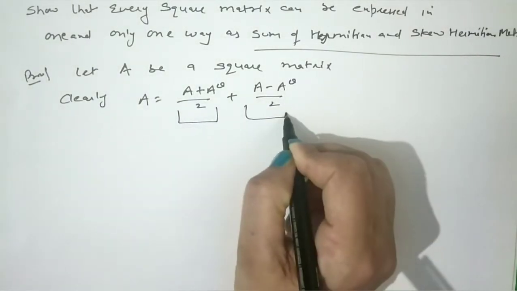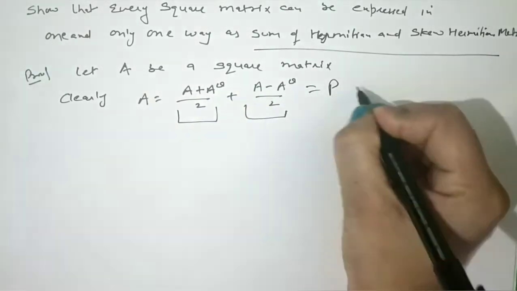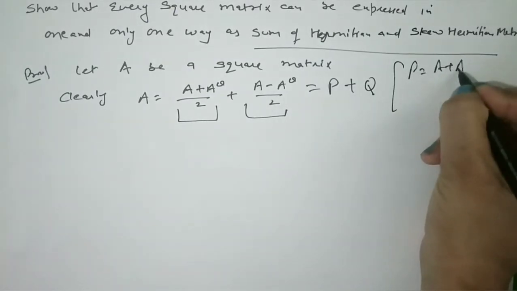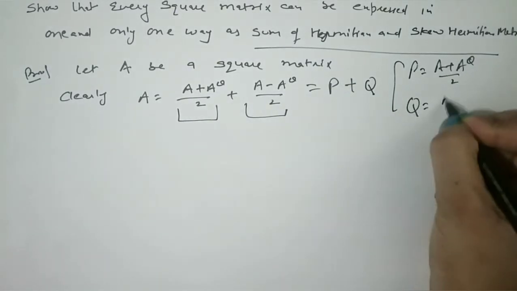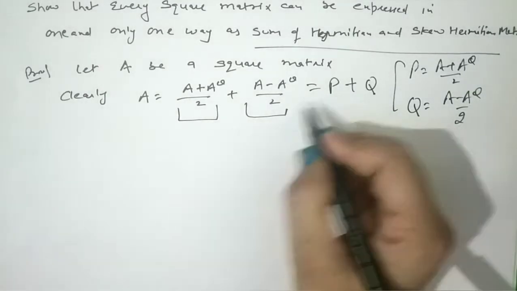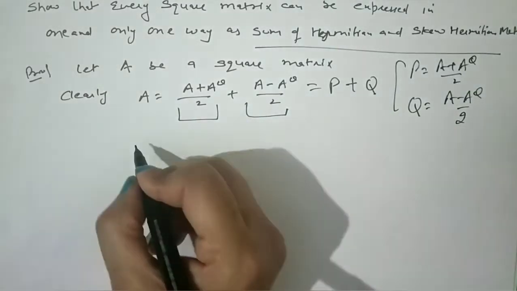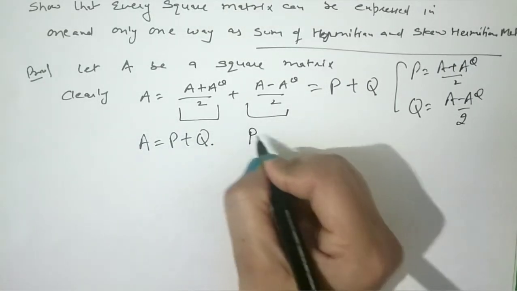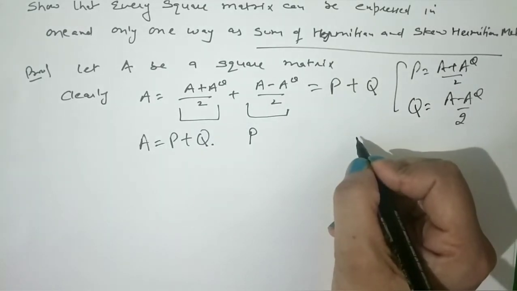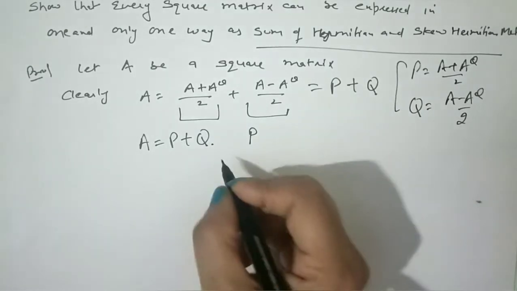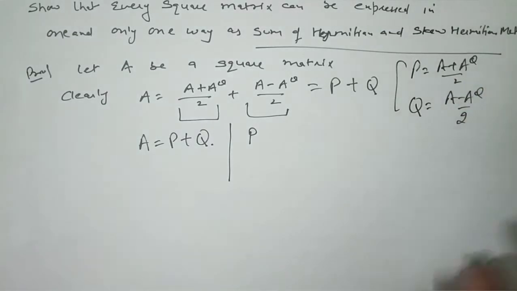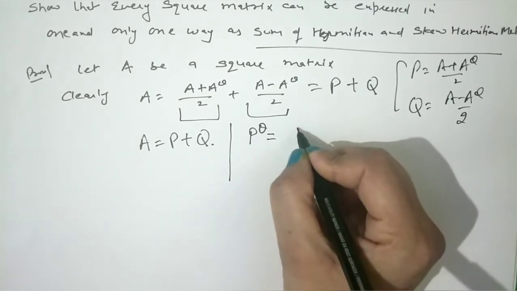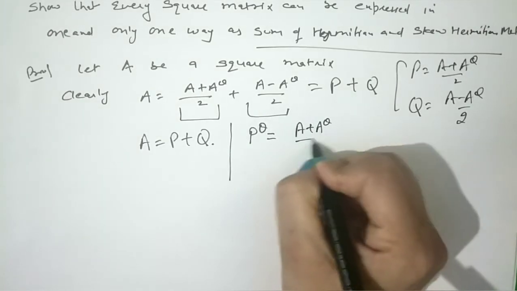What we have to prove is that these two matrices, let P be A plus A theta by 2 and Q be A minus A theta by 2. We write them as P and Q. So A is the sum of P and Q. We just have to prove that P and Q are Hermitian and skew Hermitian matrices. First of all we will prove about P. P is Hermitian if P theta is P. So we check P theta. P is A plus A theta upon 2.